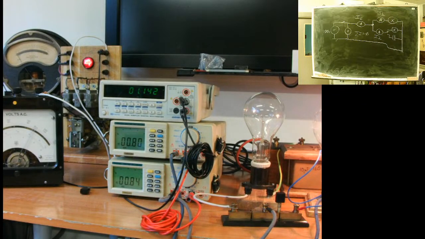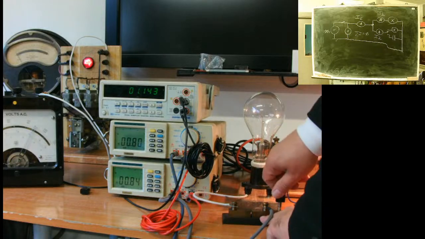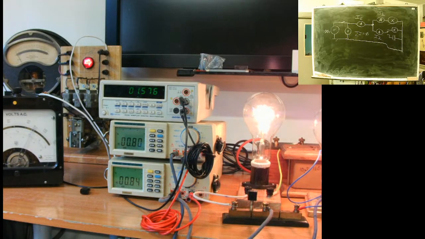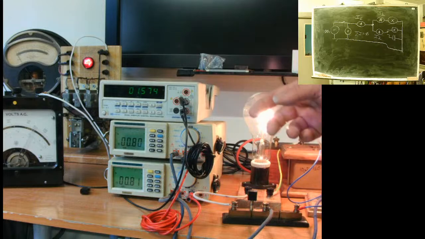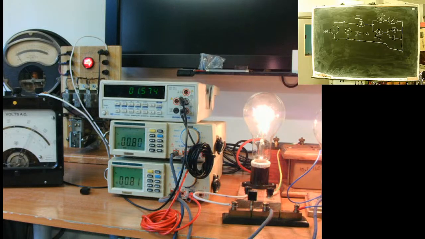Can you see it? Two amps, sum of current, 1.57. No, 0.8 plus 0.8 should be 1.6, and we see 1.57.